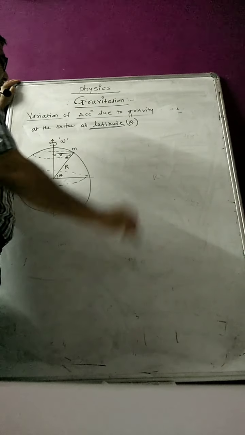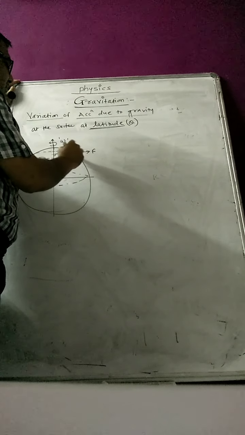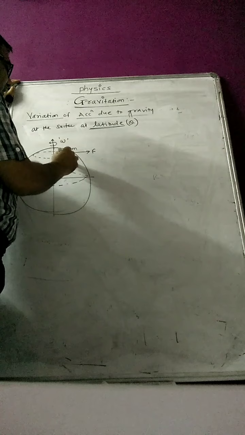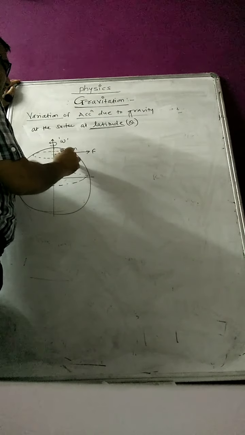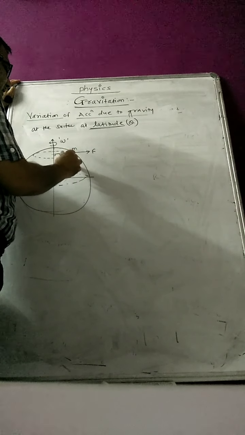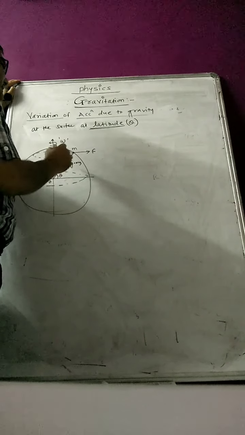Here at this point, the weight of the object is directed towards the center O, so that will be mg, the acceleration due to gravity towards the center.